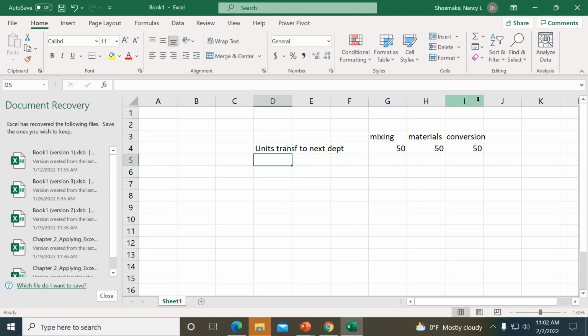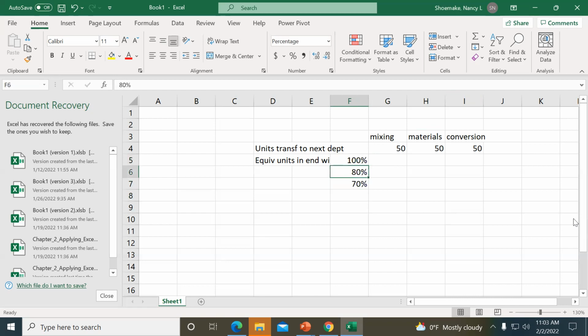And the equivalent units in ending work in process, wasn't it one unit, and mixing was at 100%, right? And materials were sitting at 80% and conversion was sitting at 70%, right?